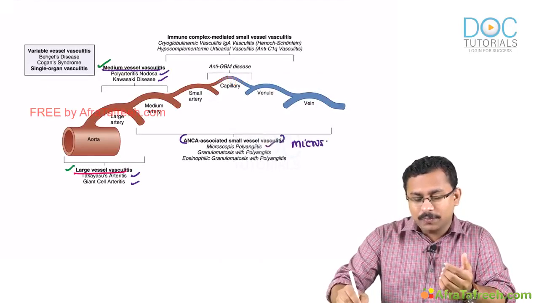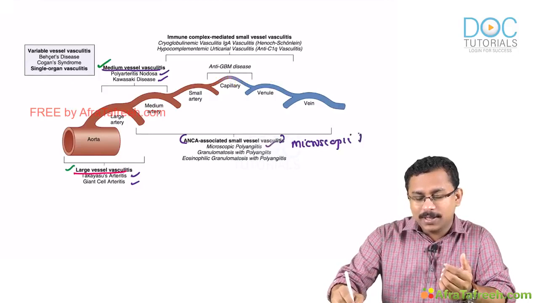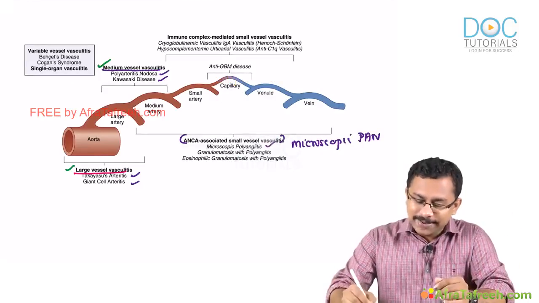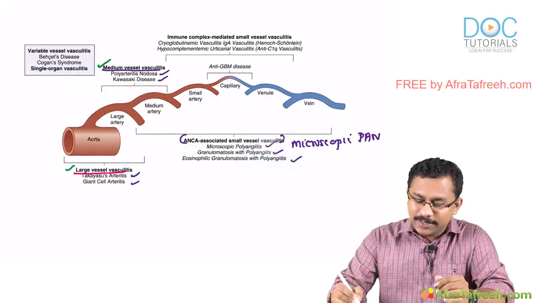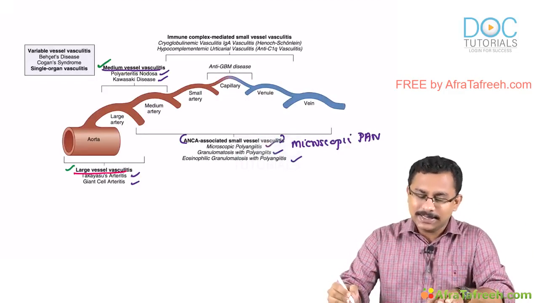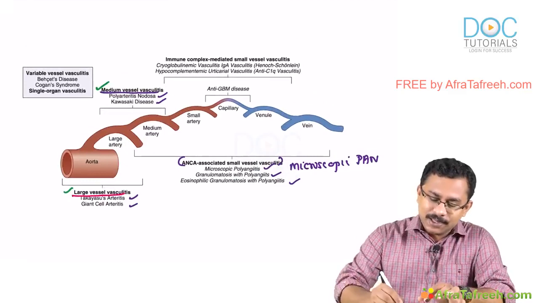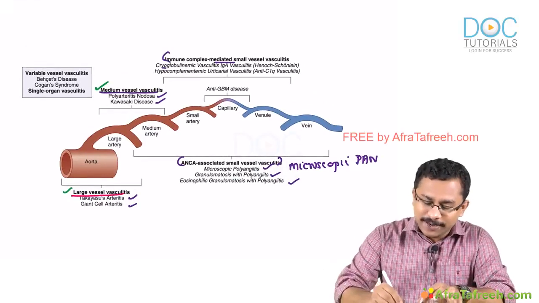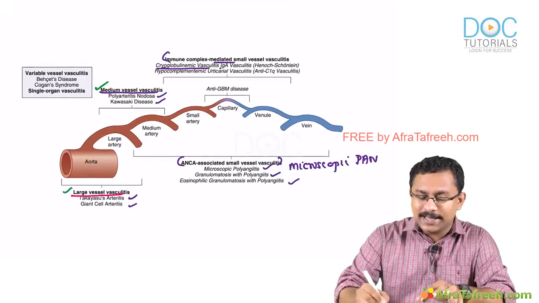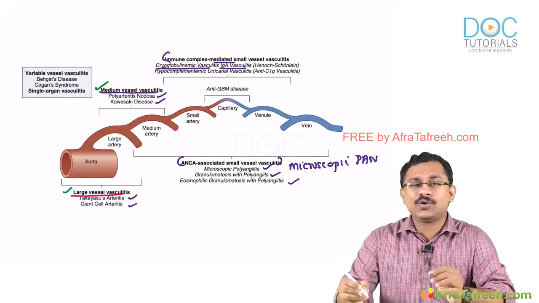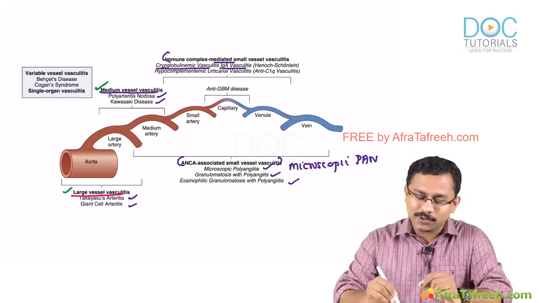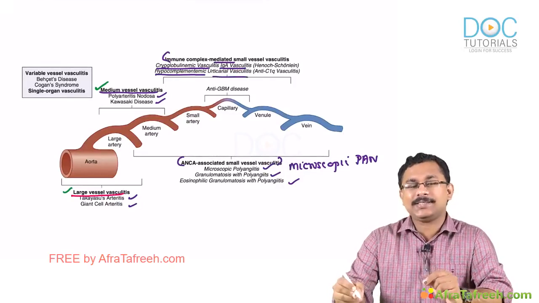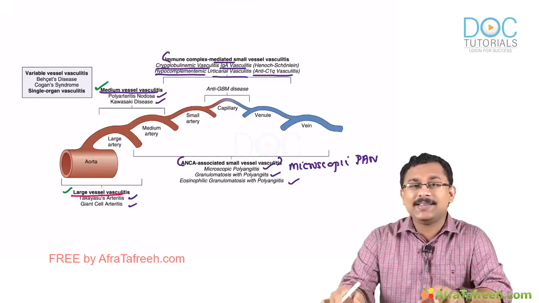Okay, but do not confuse microscopic PAN with the medium vessel vasculitis PAN. Granulomatosis with polyangiitis and eosinophilic granulomatosis with polyangiitis. Then you have the immune complex mediated small vessel vasculitis, where you have cryoglobulinemic vasculitis, then the IgA vasculitis, which I told you is the Henoch-Schönlein vasculitis, and the hypocomplementemic urticarial vasculitis, which is also known by the term anti-C1q vasculitis.